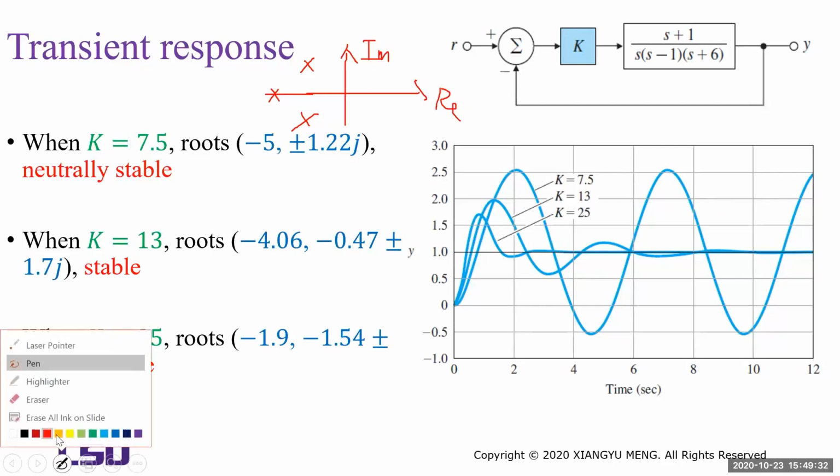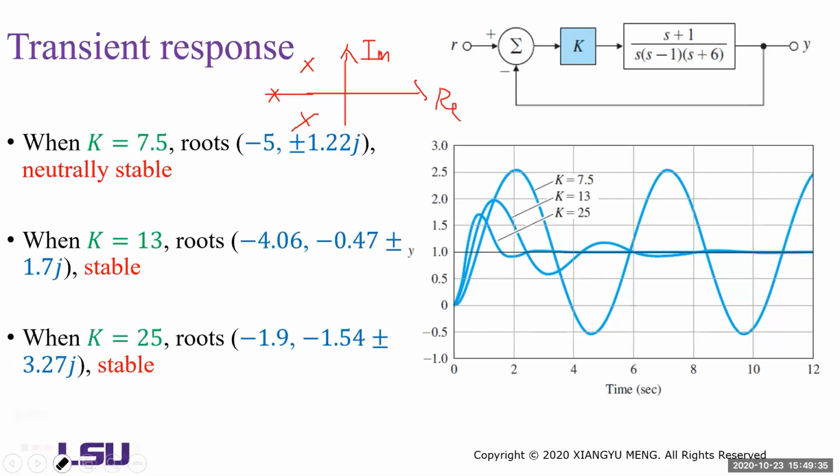Here it shows the response; this line shows the response when k is 13. If we pick k as 25, again we have one pole at minus 1.9 and a pair of complex roots. Because all the poles are in the left half of the S-plane, the system is stable. This is the step response.